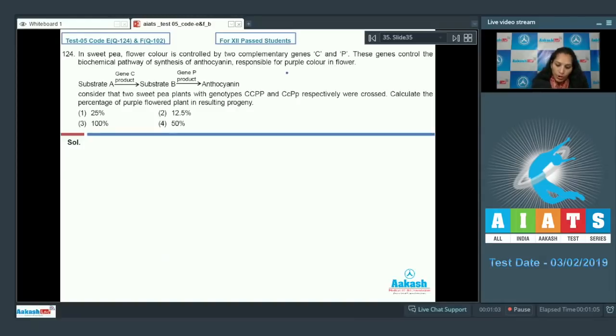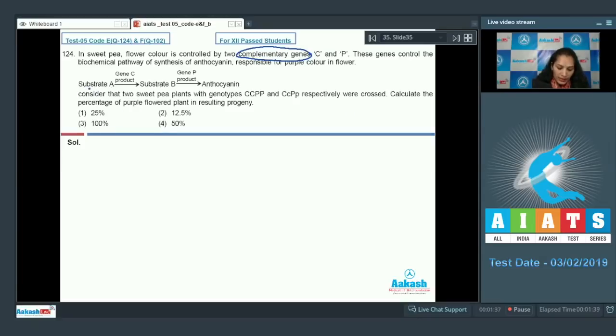This is a question of complementary genes. What happens in complementary genes? These two complementary genes C and P control the flower color in a plant called sweet pea. How? Because these two genes together control the synthesis of anthocyanin pigment.